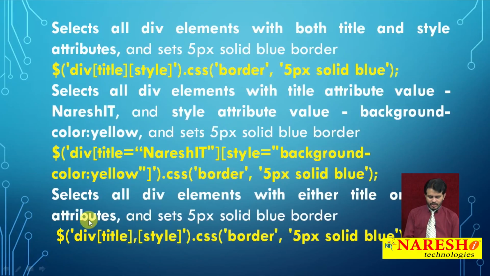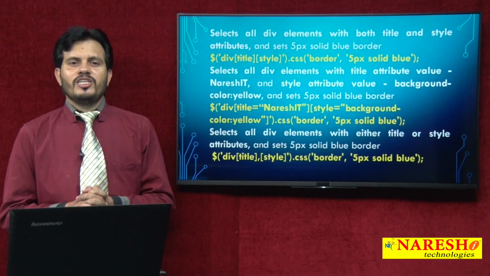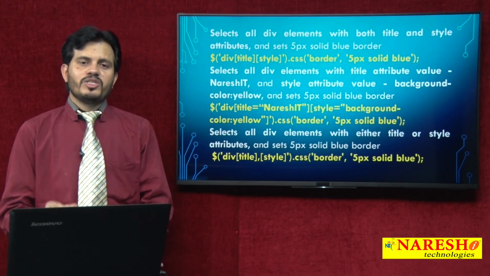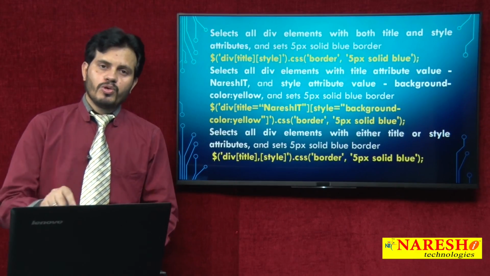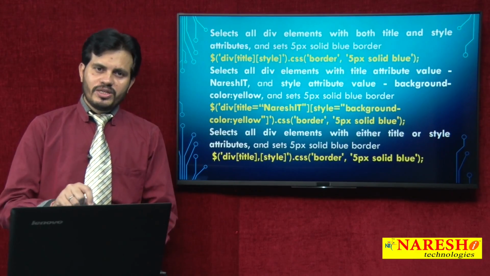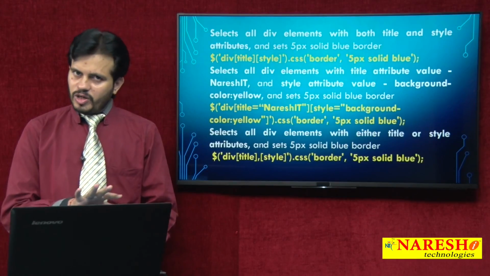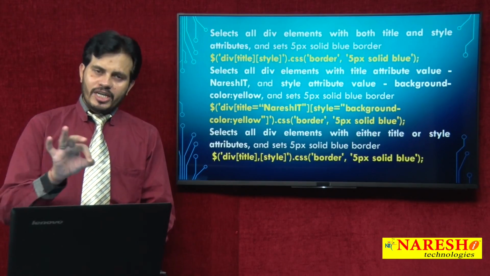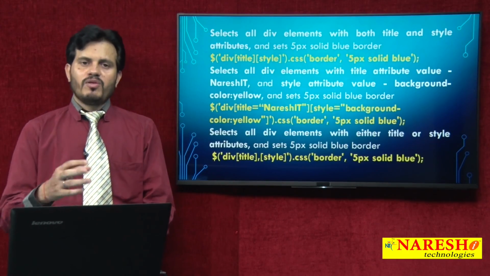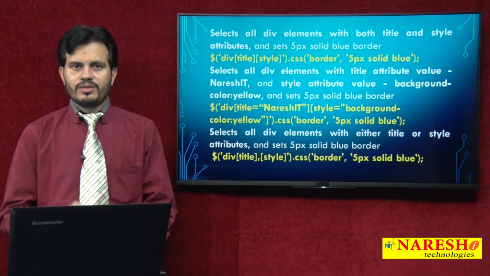Now in this last example, select all div elements with either title or style. If both are there, then also fine. Among the two, if anyone is there, then also the element is to be selected. Means it is not mandatory that the element must have title as well as style both. Even if title is present and style present both, then also selected, or only title present, then also selected, or only style present, then also selected.